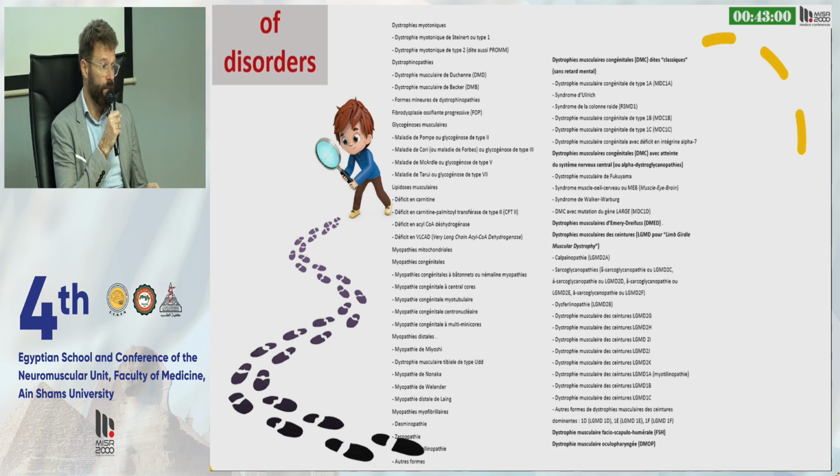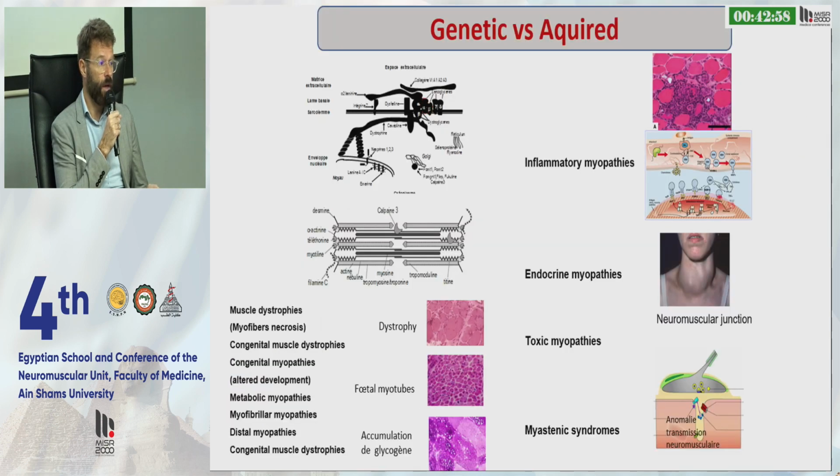But we know that we can already make a big distinction between two groups: the group of genetic conditions, genetic myopathies, for example congenital myasthenic syndrome, and the acquired conditions.